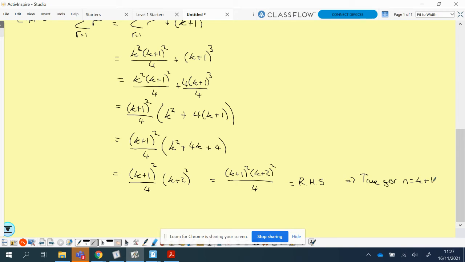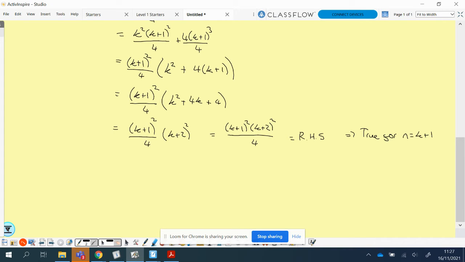Okay, so that's really important for us, because what that's allowed us to do is say, right, if we know the first thing's true, because we're assuming that it was true for k, an arbitrary value, then we've proved that the next one's always true. So because we started off with n equals 1 being true, and I've proved for the next one it's always true, that'll be true for n equals 2.